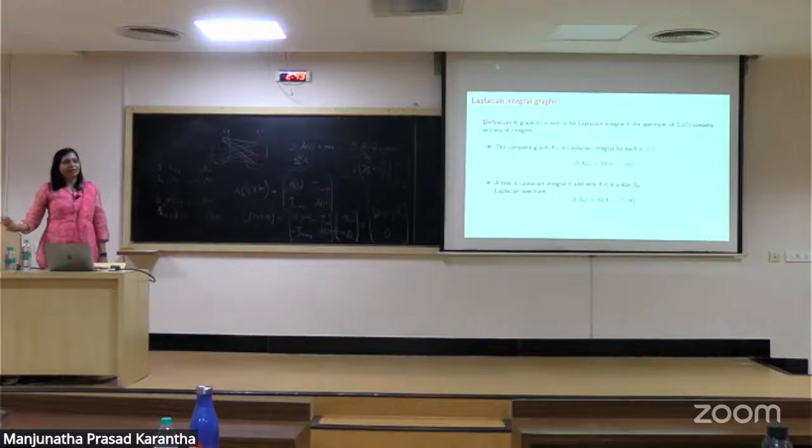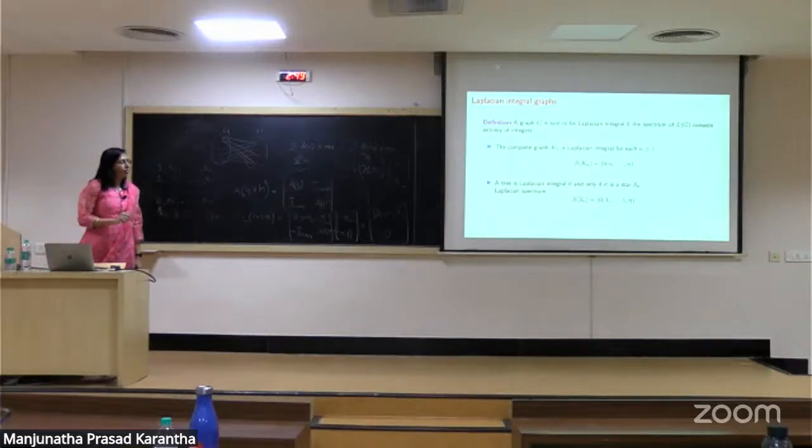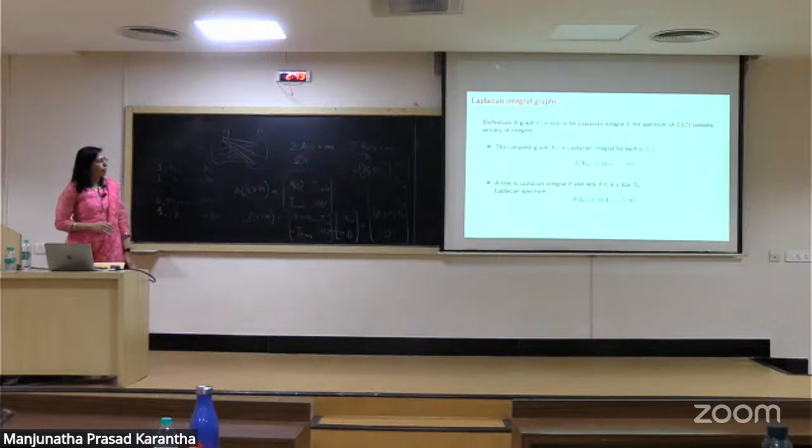But one nice thing is that the complete characterization of trees with integer eigenvalues is done in the Laplacian case, whereas in the adjacency case we have no such information. So studying Laplacian integral graphs is more interesting than adjacency.